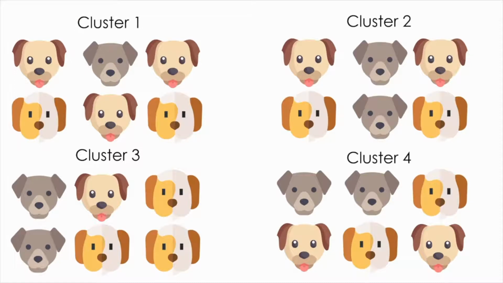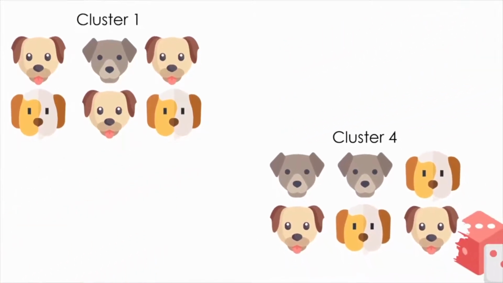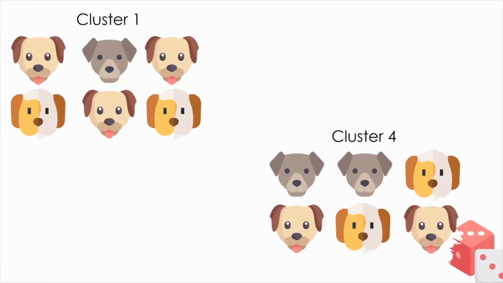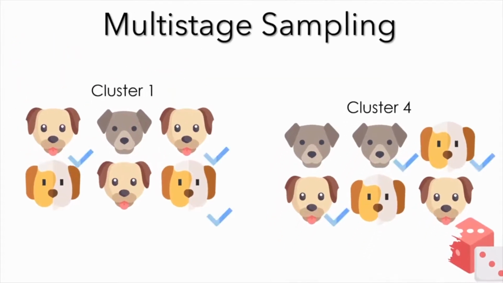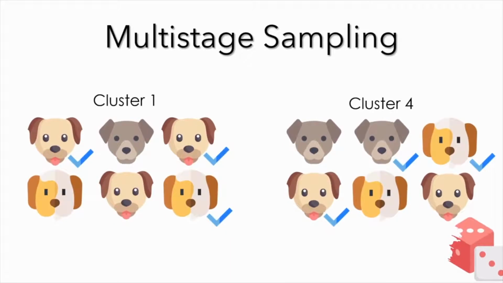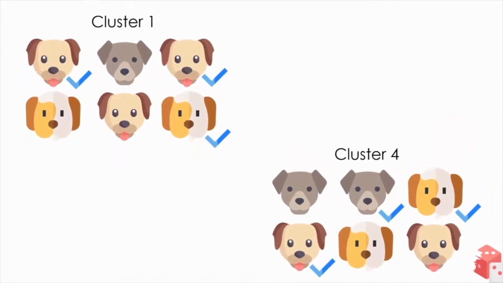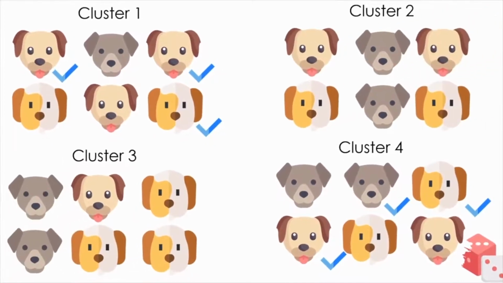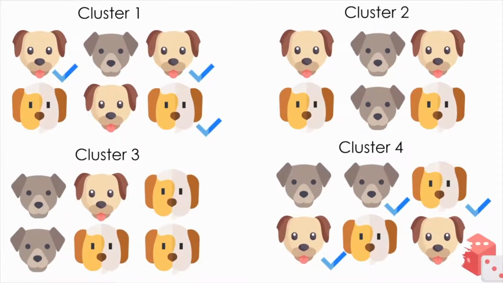We decided to cluster the different villages. Now we use 2 random numbers to get our first and our last cluster. We did this with SRS. In difference to cluster sampling, we use SRS in each cluster. Now we speak to the dog owners in our cluster sample, but only to the selected ones. In the real world, we could break the clusters further and further, down into smaller pieces.